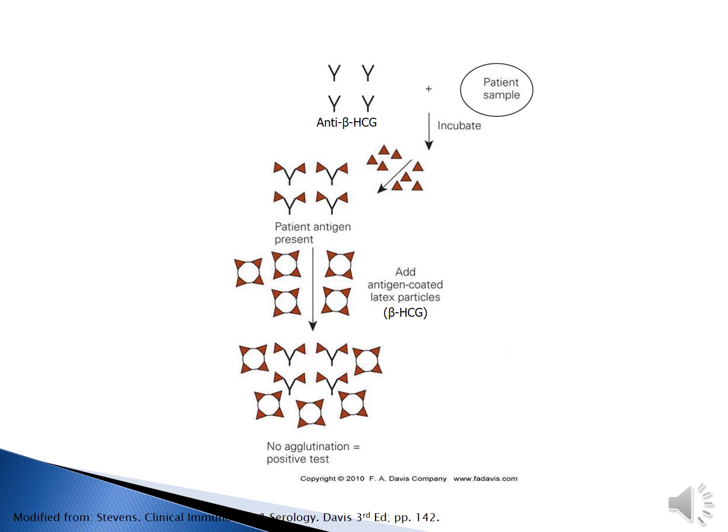We'll then add the antigen-coated latex particles, and obviously the antibodies will not be able to bind to these antigen-coated latex particles with beta-HCG because they have already bound to the patient's beta-HCG, and therefore we will have no agglutination and a positive test.